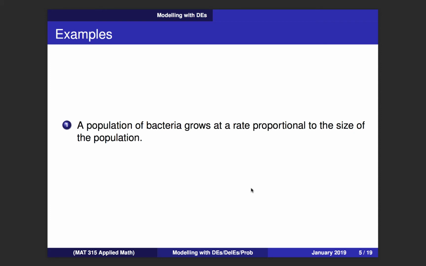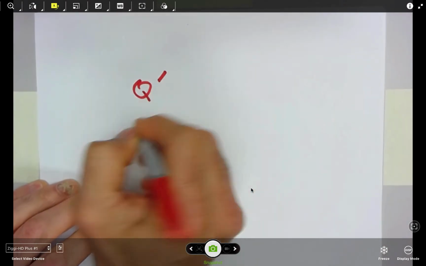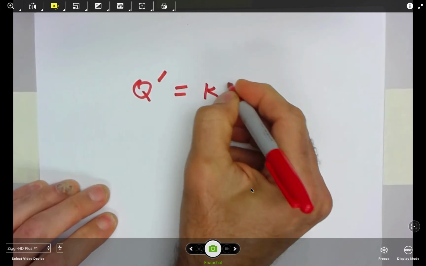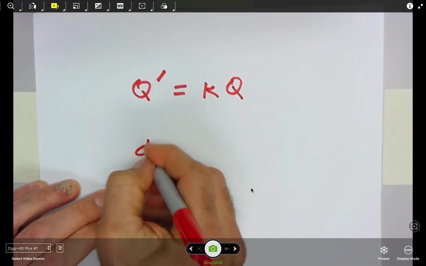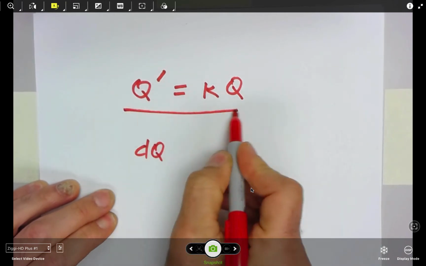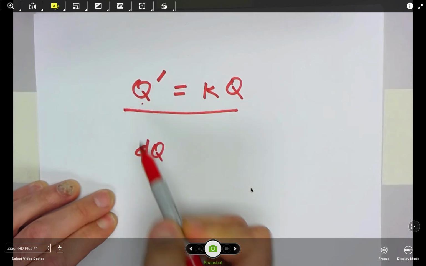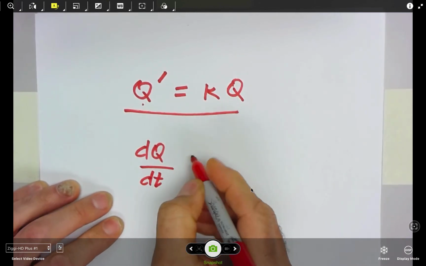If you know something grows at a rate proportional to itself, that's like saying that Q prime is a constant times itself. We could write this as dQ/dt. Here the independent variable is suppressed, but it sounds like it's a time derivative.